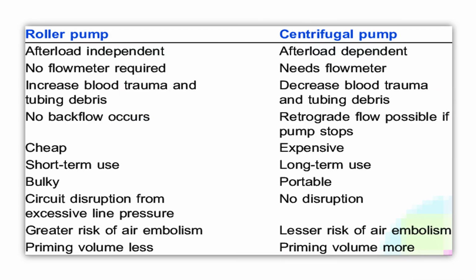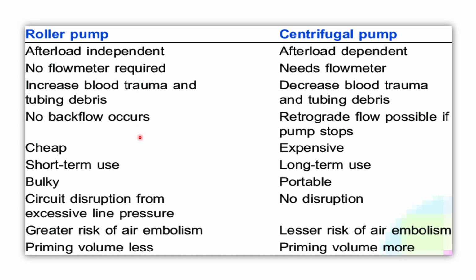Usually, a roller pump is cheaper than the centrifugal pump, and it's used in the bypass machine. It's afterload independent, which means the pump will push the blood even if the patient is severely hypertensive, so no flow meter is required, but that increases blood trauma and tubing debris.